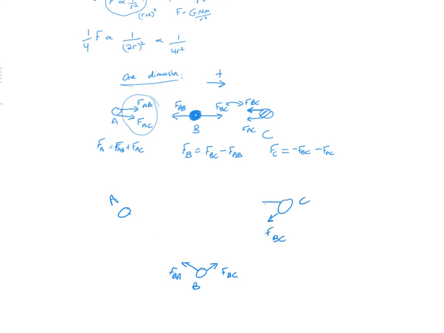But then also C experiences an attractive force towards B, the same one, BC. A will experience a force towards C, AC. Now they all are experiencing a force due to each other.